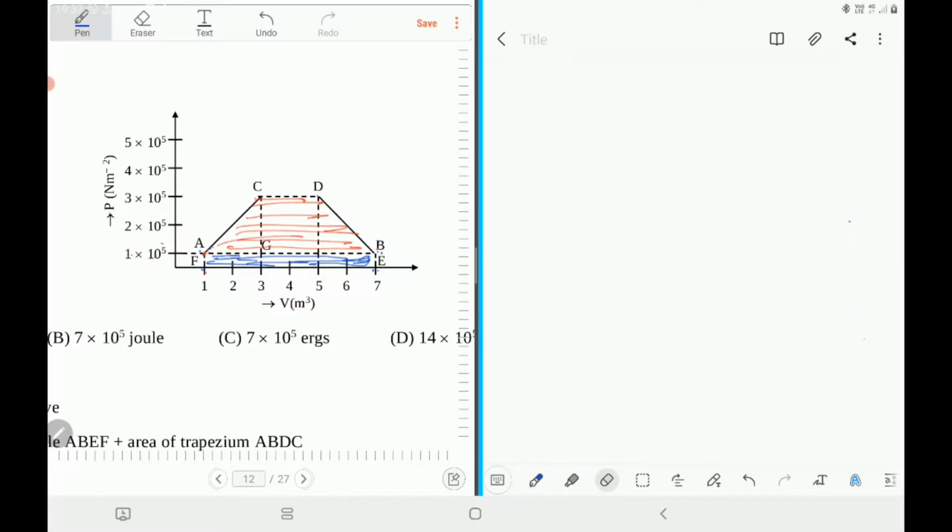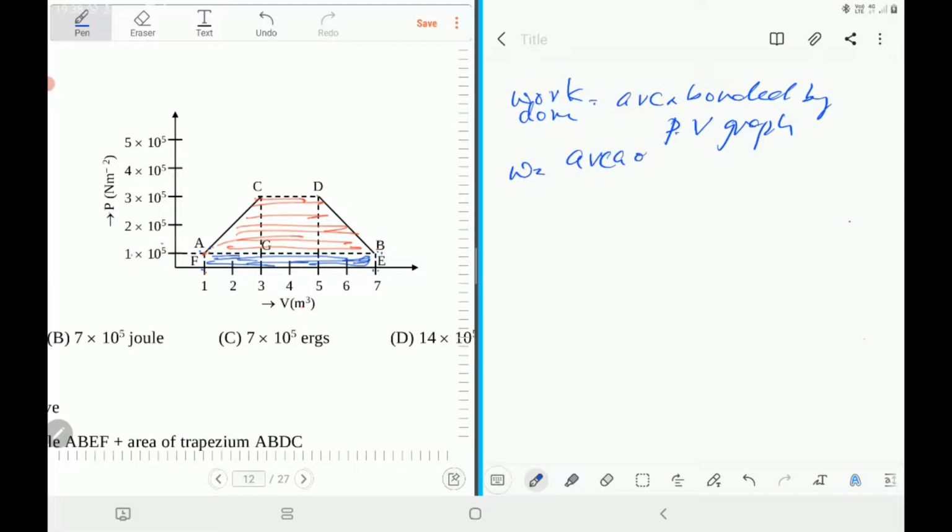So very easy now. What is work done according to our discussion? Work done is equal to the area bounded by the pressure versus volume graph. So work done equals the area of rectangle FABE plus the area of trapezium ACDB.